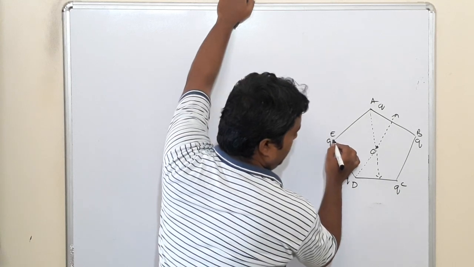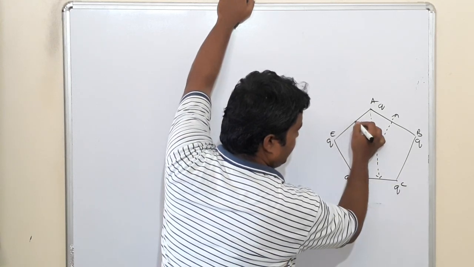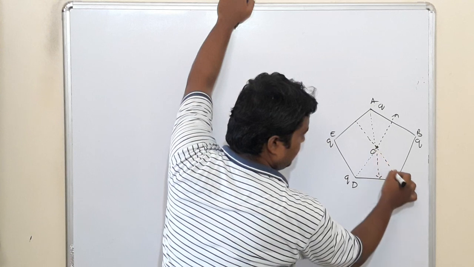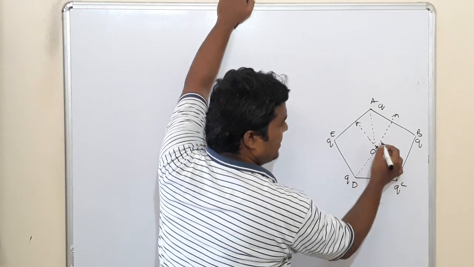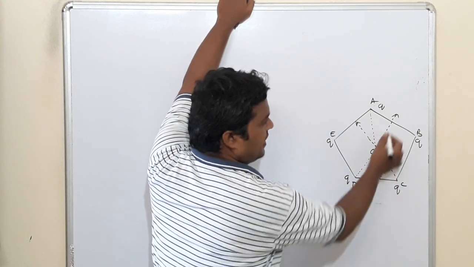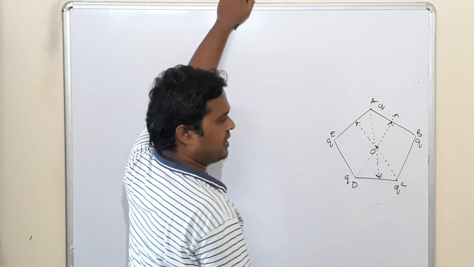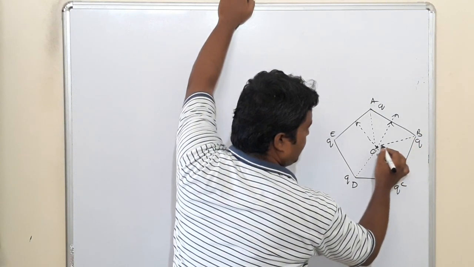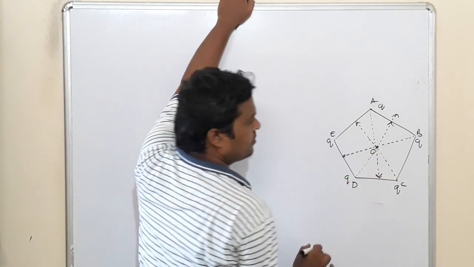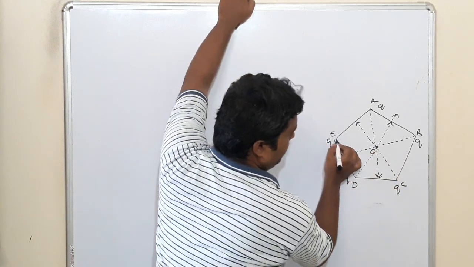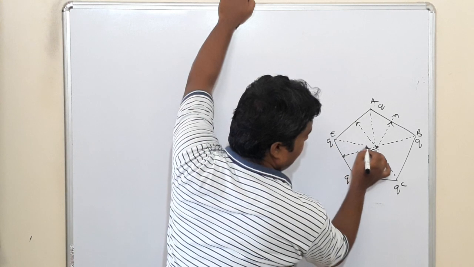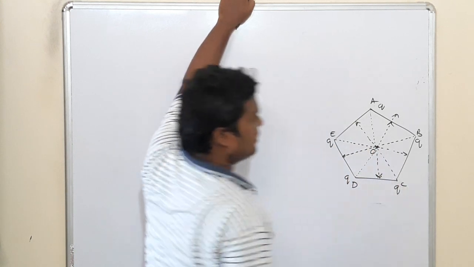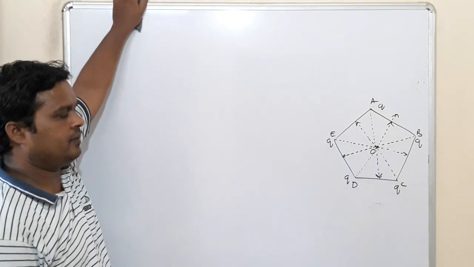The electric field due to this charge will be in this direction, away from the charge. This is away from the charge. The electric field due to this will be in this direction. The electric field due to this will be in this direction, like this. All the 5 electric fields.